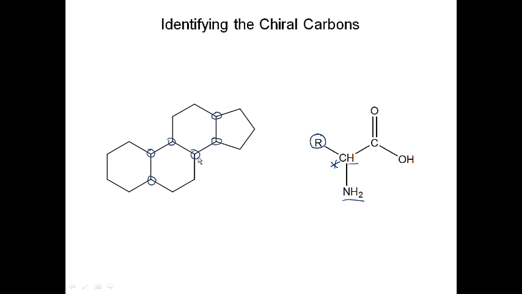Can I draw a mirror plane through any of those CH groups that cuts the molecule in half? No. There's no mirror plane that cuts the steroid in half. And so therefore, this one has 6 chiral carbons. And over here, the amino acid has 1 chiral carbon.